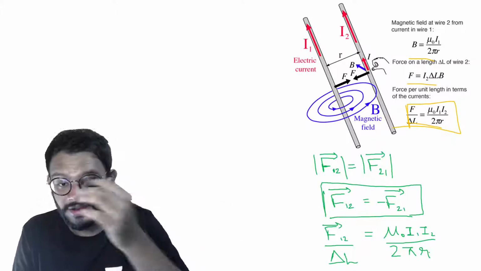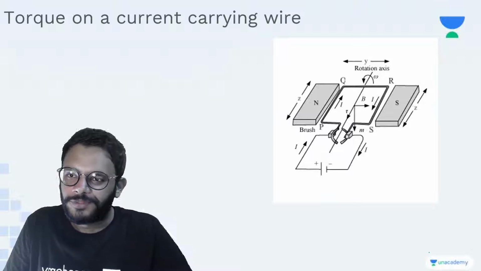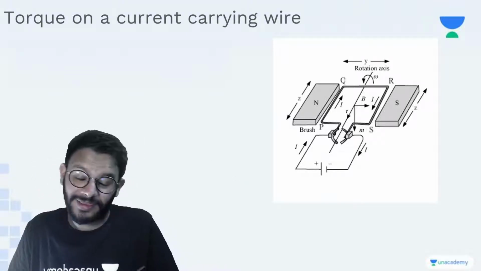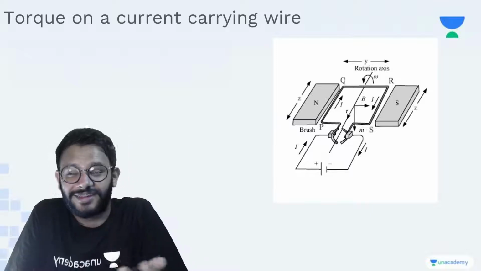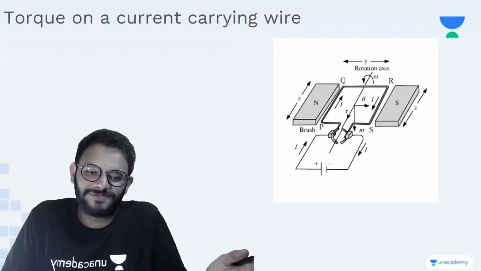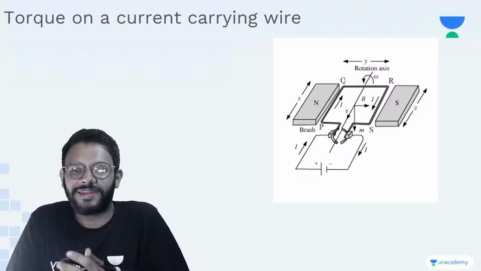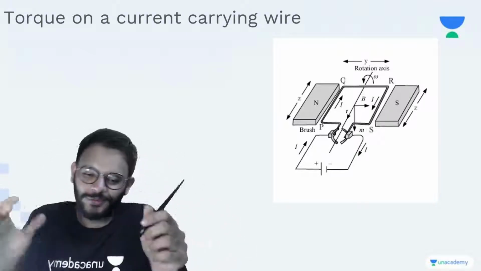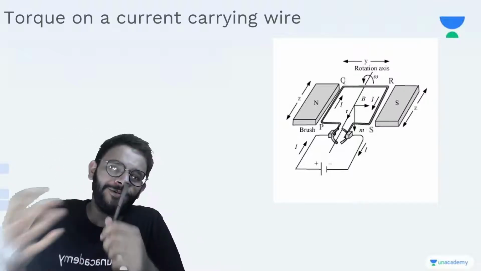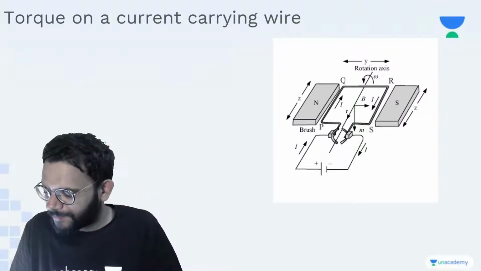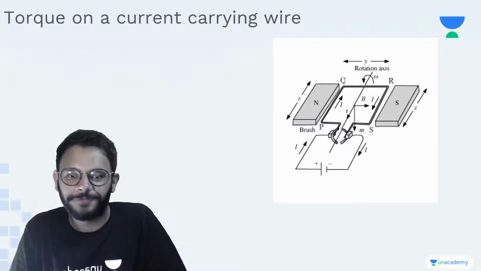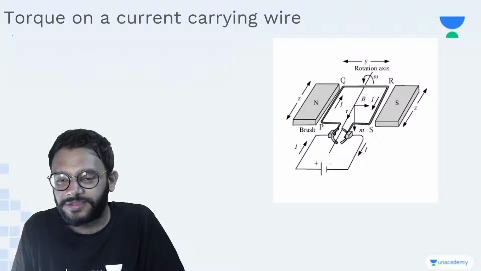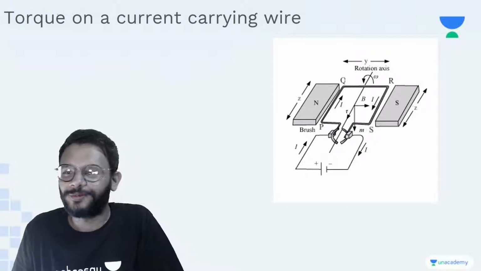Simple, really simple. Now the main thing because of which I was discussing this with you, as you have all guessed, is torque, which is a rotational force. It will want to rotate a current carrying loop, and how that happens, as you can see over here, is really interesting and a fun topic as well.